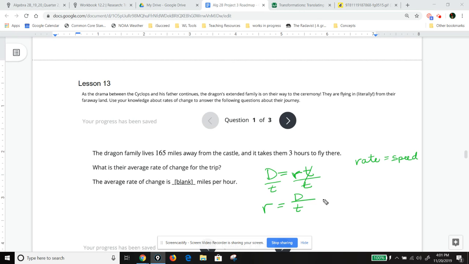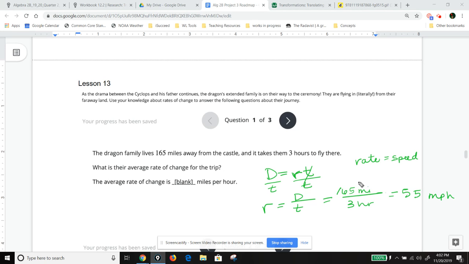We know the distance they travel is 165 miles. Divide that by 3 hours. I'm starting to see the units, miles per hour. That makes sense as I relate it back to a rate. You can use a calculator: 165 divided by 3 is 55. So we have 55 miles per hour.